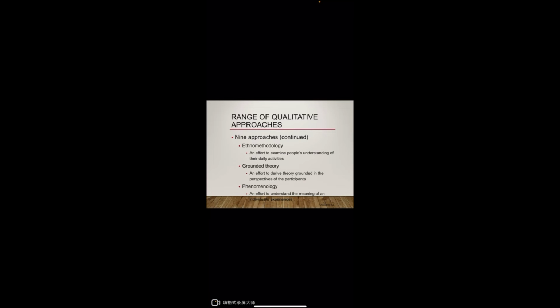It said that an effort to examine people's understanding of their daily activities. Grounded theory. It means that an effort to derive theory grounded in the perspectives of the participants. Phenomenology. It means that an effort to understand the meaning of an individual's experiences.